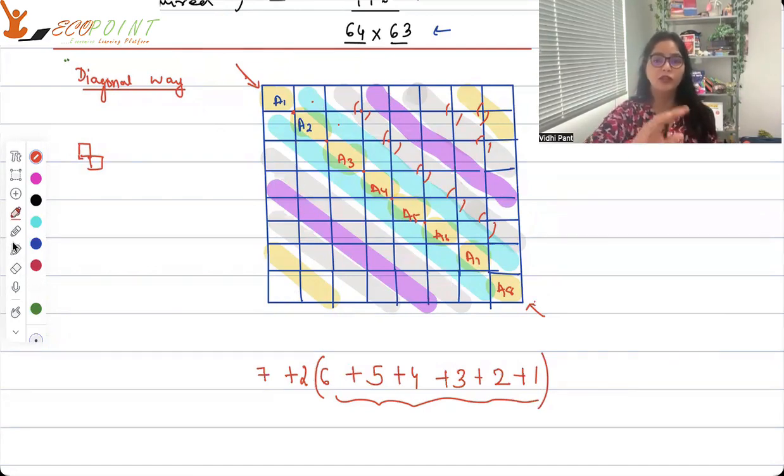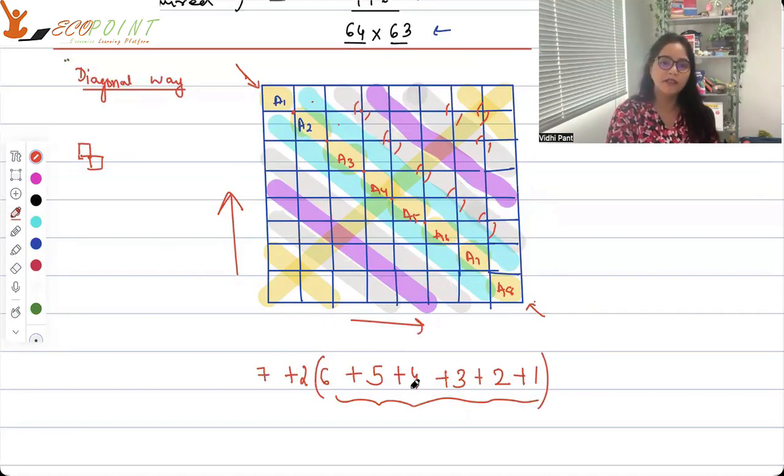You are losing some cases here. You can also view this with this main diagonal, when you go up this way and down this way.